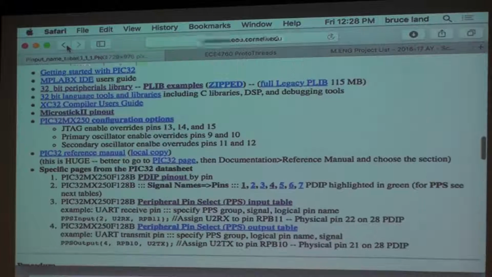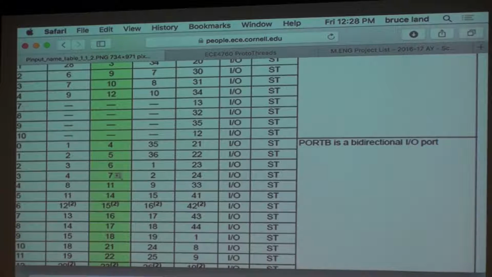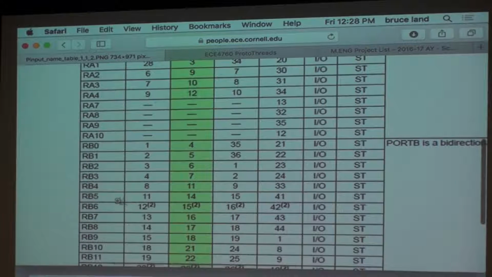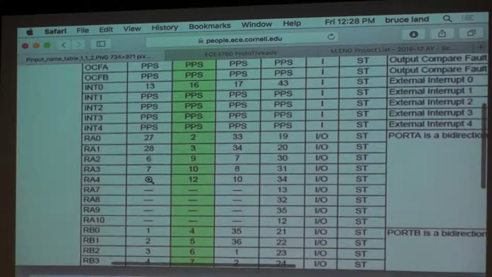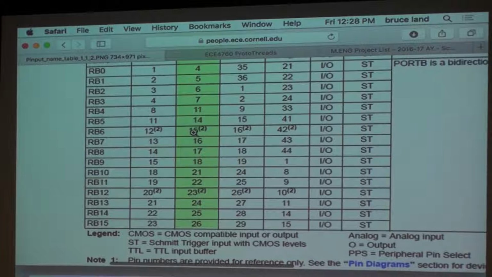Okay, all clean. Let's go to page 2. Oh, there's a 14. What is that? Oh, B5. That's safe. That's a signal pin. So we scan down. Oh, 15. RB6.